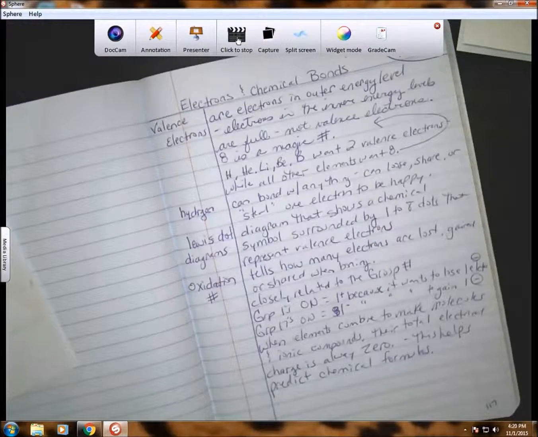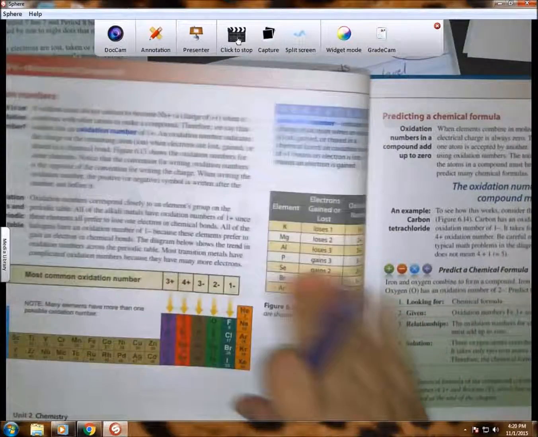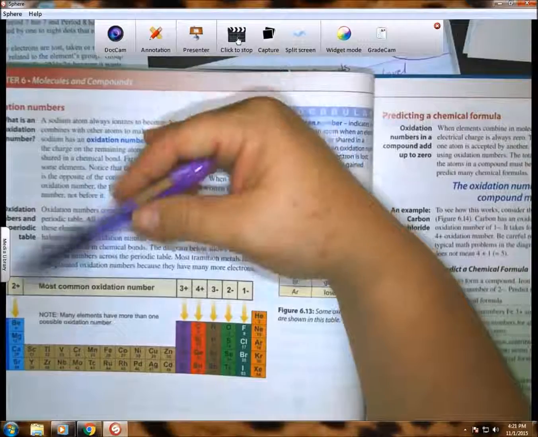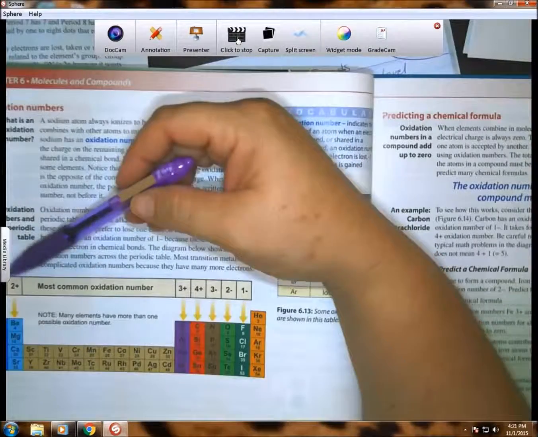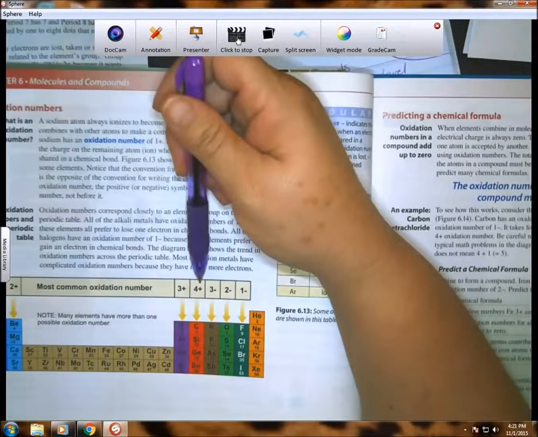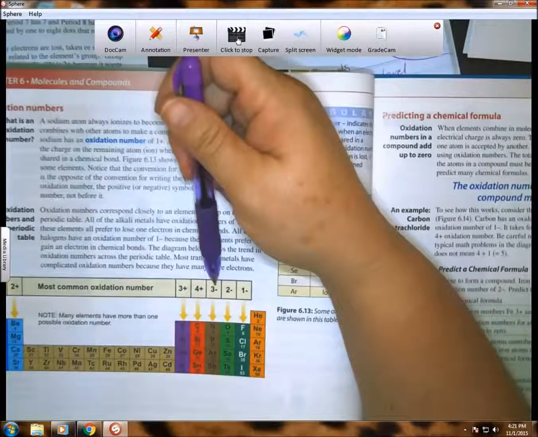Alright, let's look at this book again. In the book it shows you the oxidation number. Group 1 is going to be 1 plus, group 2 is 2 plus, 13 is 3 plus, 14 is 4 plus, and then we start going back down.